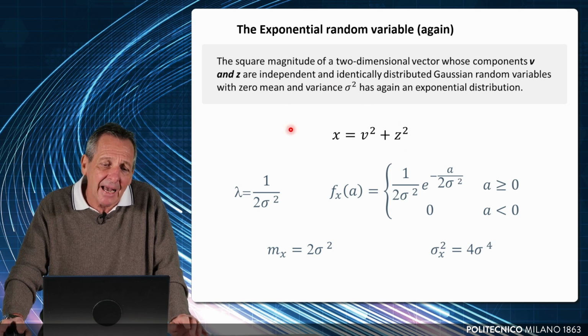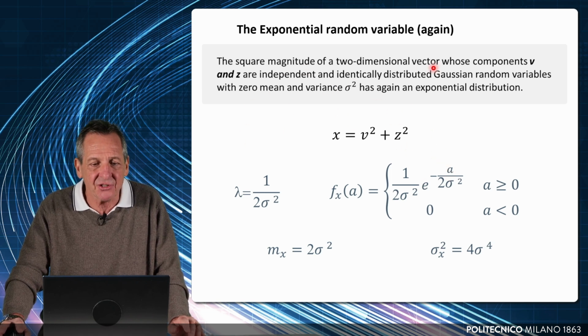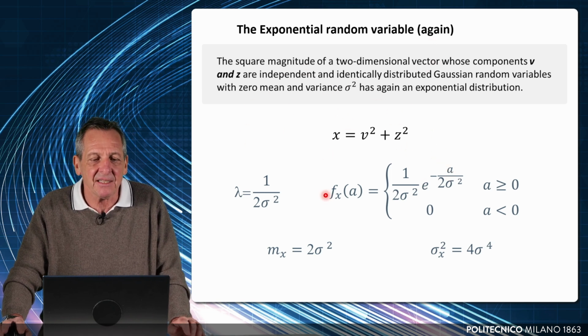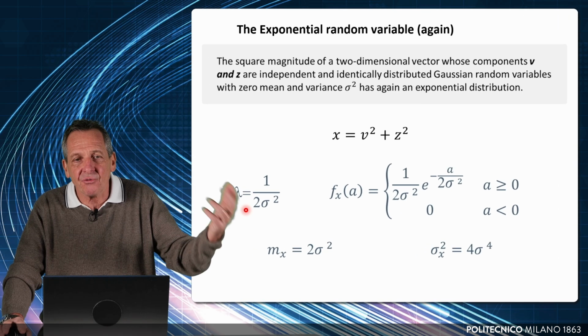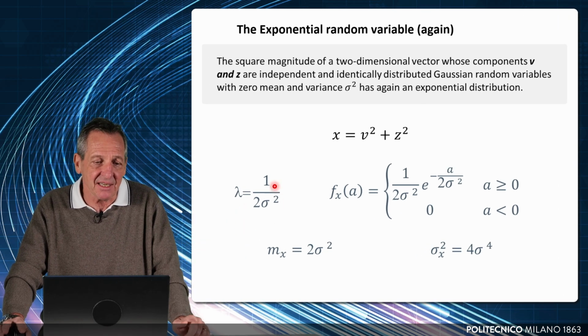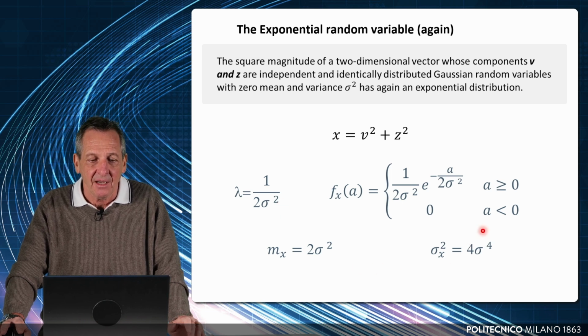Well, we get back to the exponential random variable. That is, the probability density function of this random variable x here is again exponential, where lambda, that was, you remember, the occurrence rate of Poisson events, is now 1 over 2 sigma square.